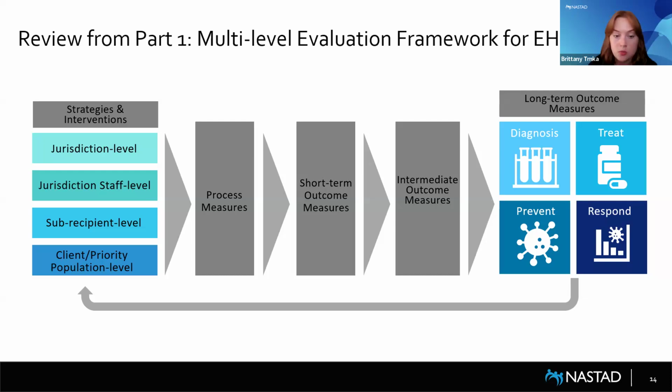Depending on the strategy, you may or may not be evaluating at every level, but you should be thinking through the process, short-term outcome measures, intermediate outcome measures, and then obviously the long-term outcome measures for all of your strategies and interventions. Next slide, please.